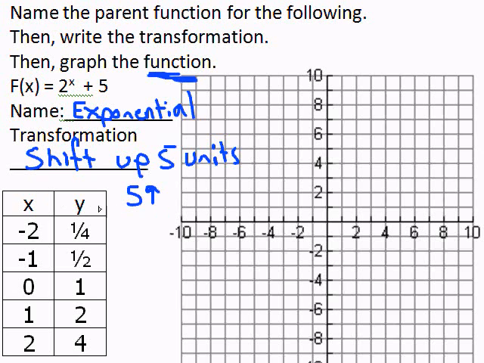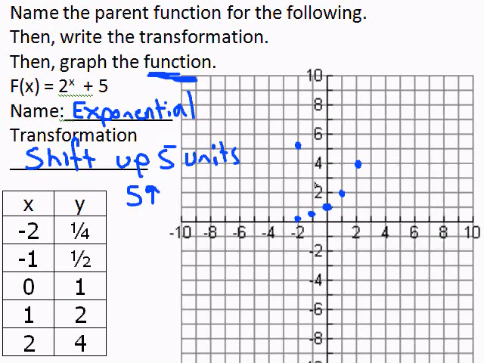Let me show you what I mean. Negative 2, 1/4. Again, this table corresponds to our parent function we've already done. Negative 1, 1/2, 0, 1, 1, 2, and 2, 4. And what we're going to do with these points is we're going to shift them up 5. 1, 2, 3, 4, 5.